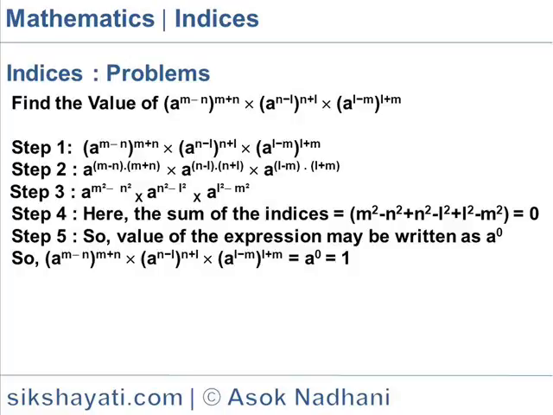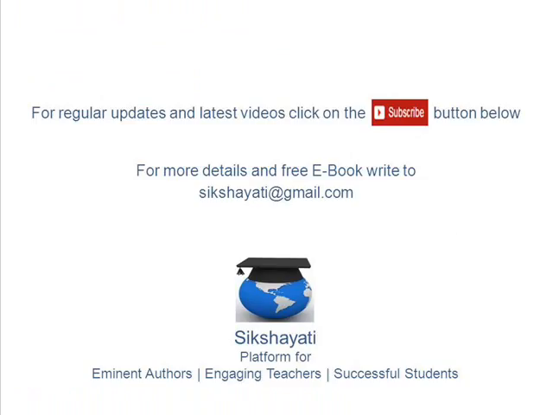If you add up m square minus n square plus n square minus l square plus l square minus m square, the summation of the indices is 0. So in step 4 you can write the value of the expression as a to the power 0, which is equal to 1.